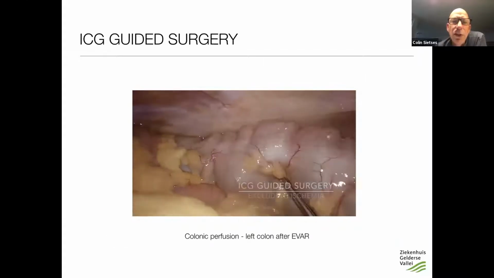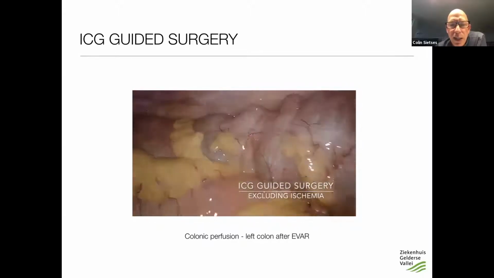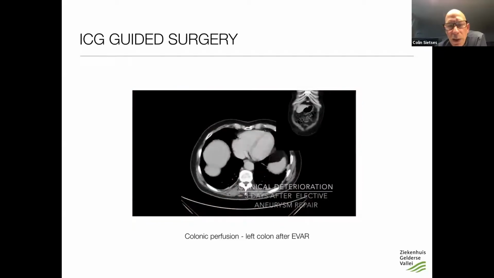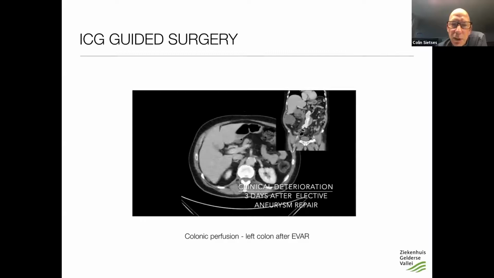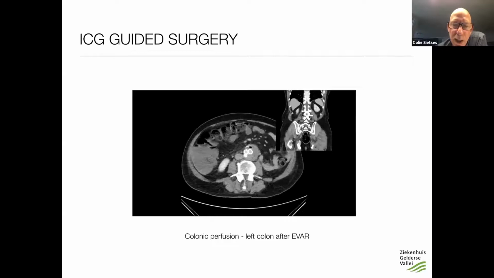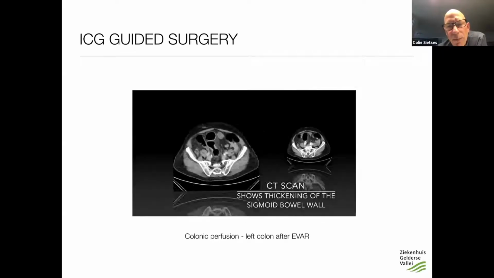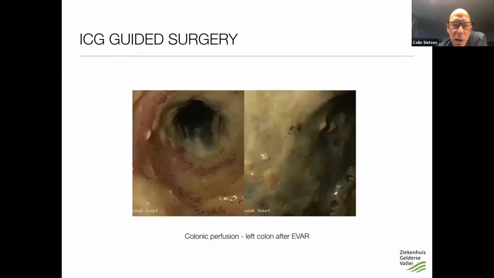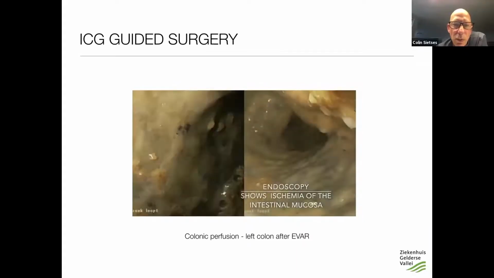Other reasons to use ICG in colorectal surgery. In this case, a patient had an EVAR, an endovascular procedure for an abdominal aneurysm, and this patient deteriorated 3 days after surgery, and the vascular surgeon did a CT scan, and the CT scan showed thickening of the sigmoid, which suggested ischemia of the bowel, and when they did an endoscopy, it looked quite horrible, to be honest.